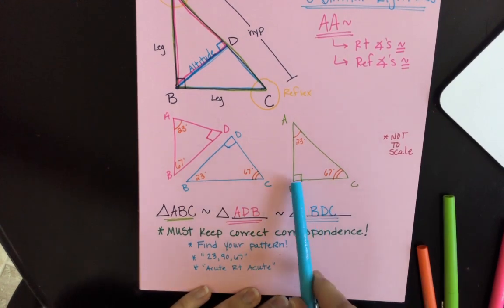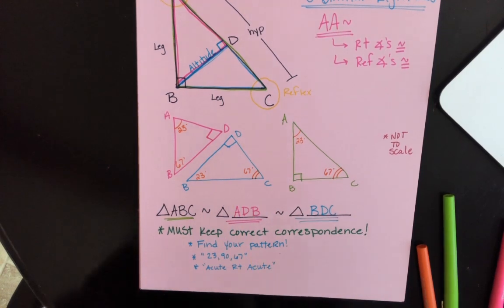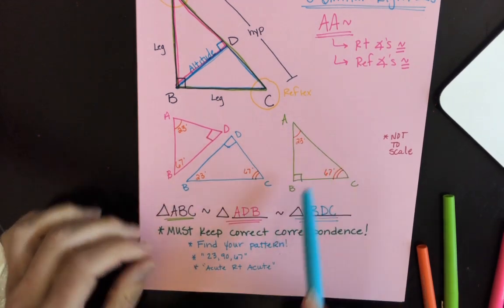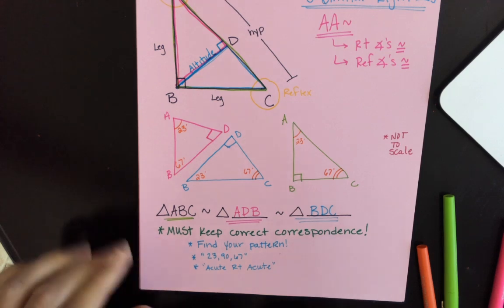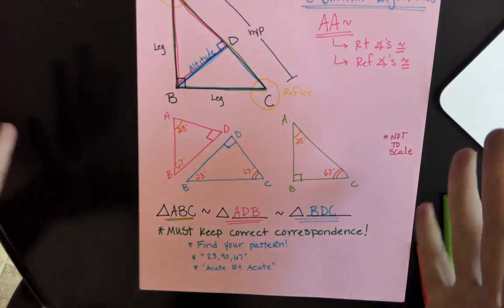They may say BAC, just to see, can you match the letters appropriately? I get that they might not be in order the way they should, but it's to get you to pay attention to correspondence.